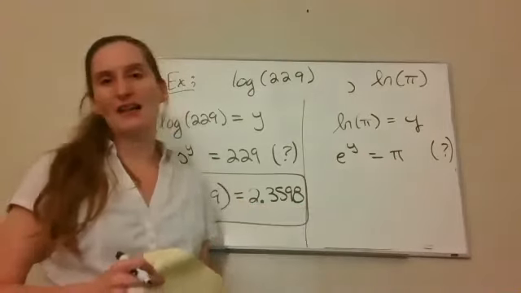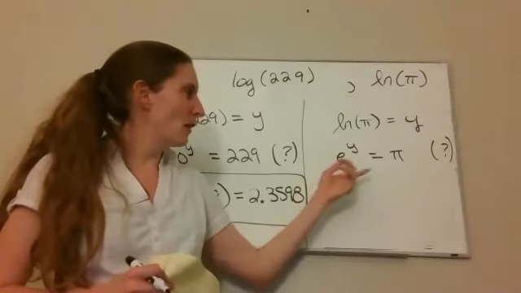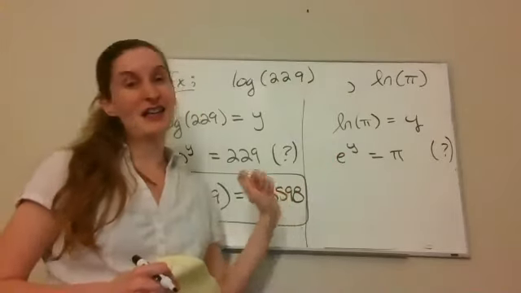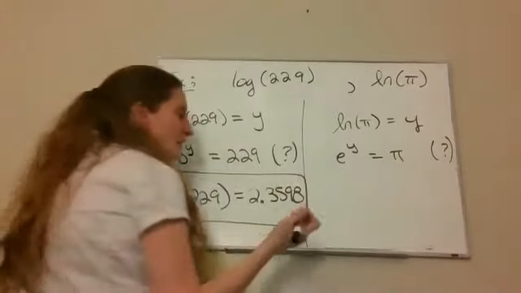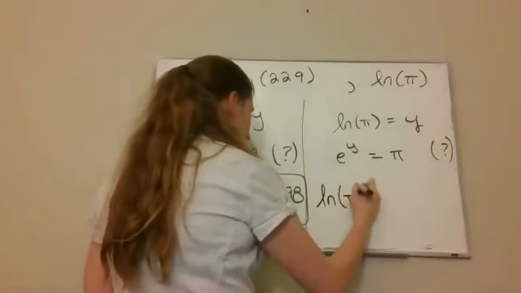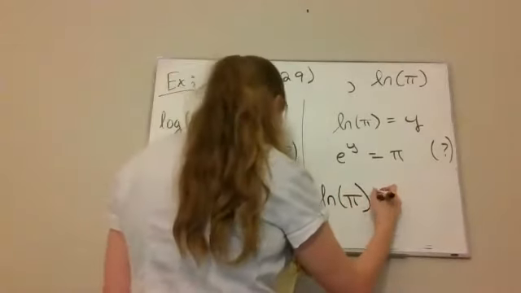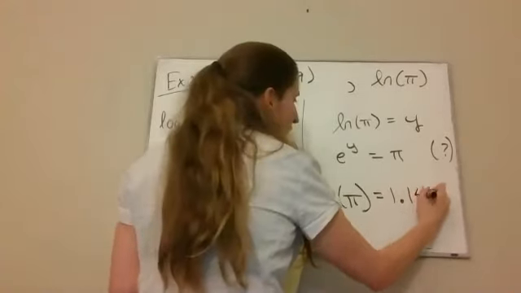So this y has to be between 1 and 2, because e to the first power is smaller than pi and e to the second power is bigger than pi. But that's as good as I can get, between 1 and 2. But if I type into my calculator natural log of pi, to 4 decimal places, I get 1.1447.